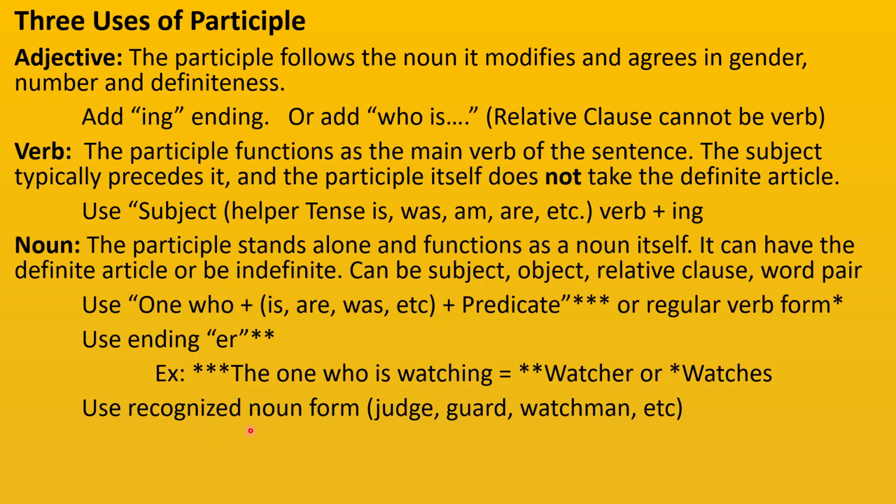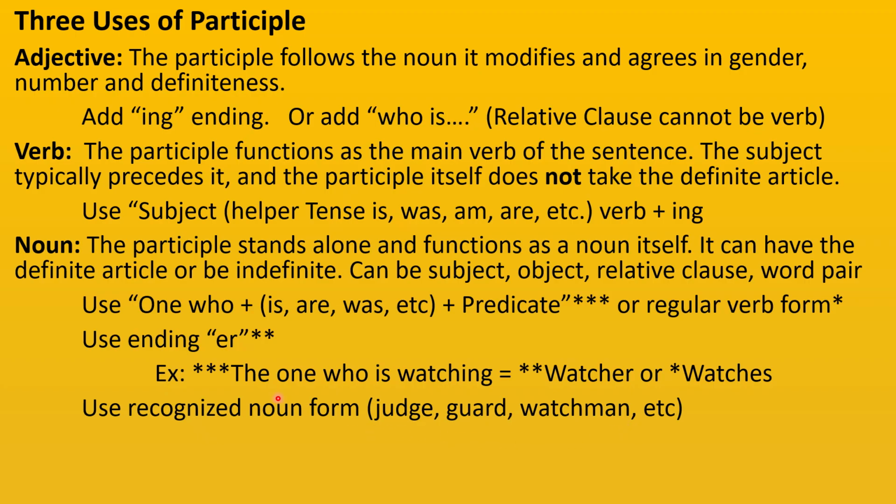Okay, and also we talked about this before in the lesson, chapter 18. A participle oftentimes no longer even takes a verb form. It just is a representative of what one who judges is a judge, one who guards is a guard, one who watches is a watchman.